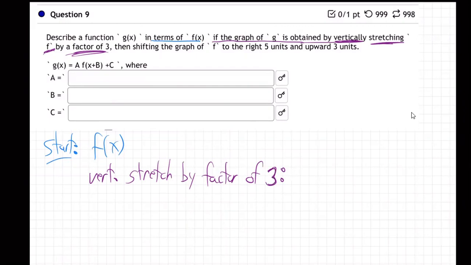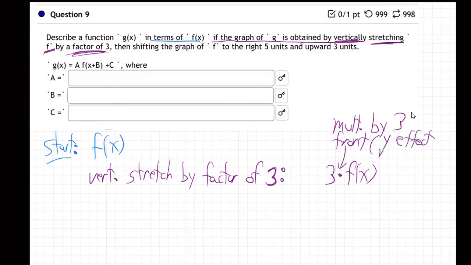What that's going to do is go 3 times f of x. Multiply by 3 in the front. So it's a y effect, not in x's world. Everybody see that? So it's a stretch. It's not a movement so far.